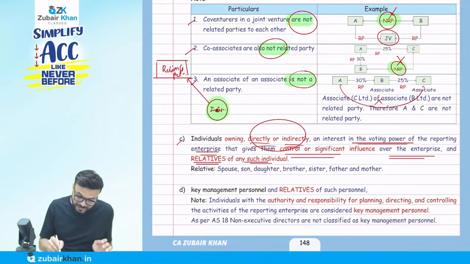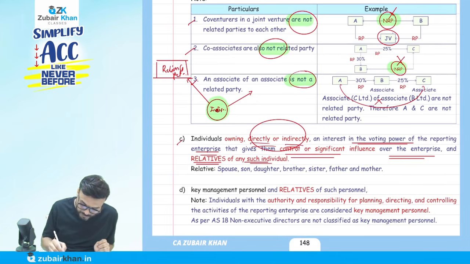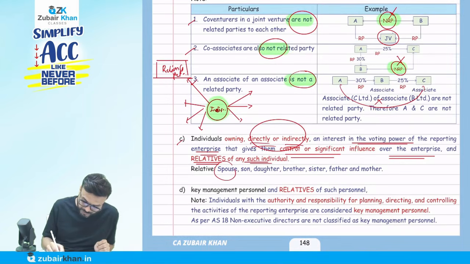And the relatives also mean the relatives of this individual. So what do we mean by relative? It's the spouse, meaning the wife of Mukesh Ambani. Then son, daughter. Let me make it simple.